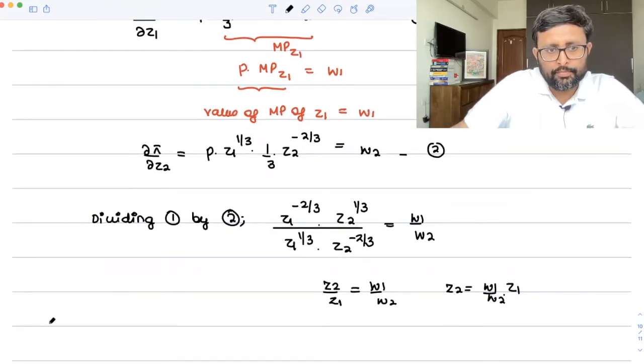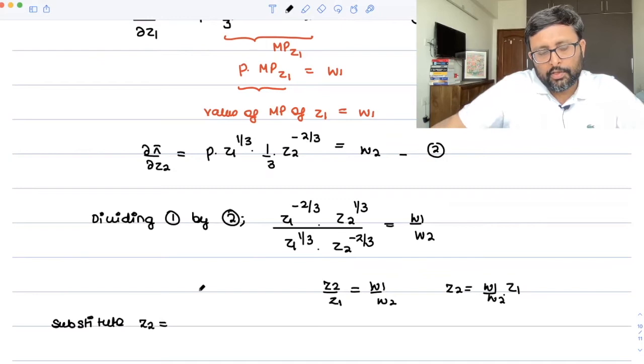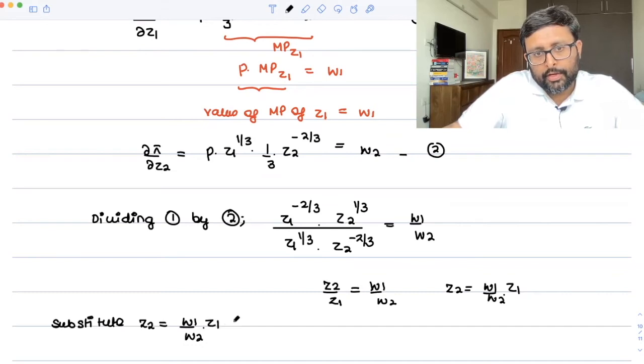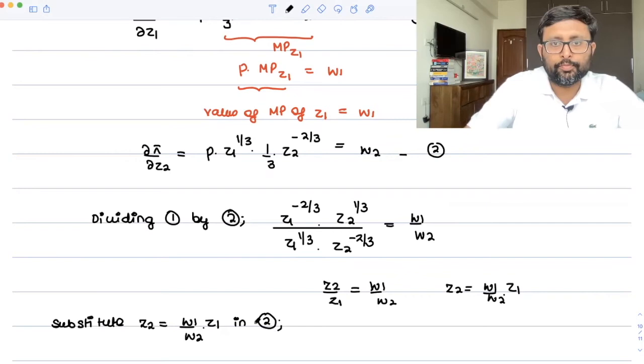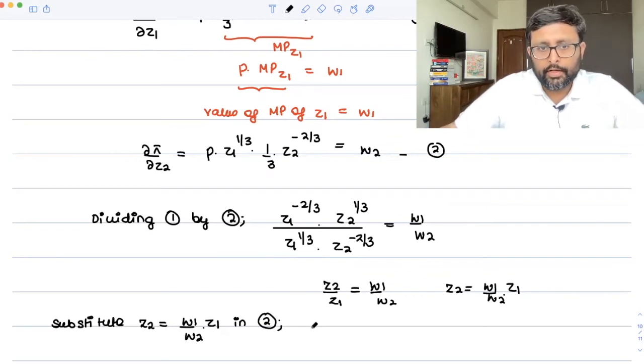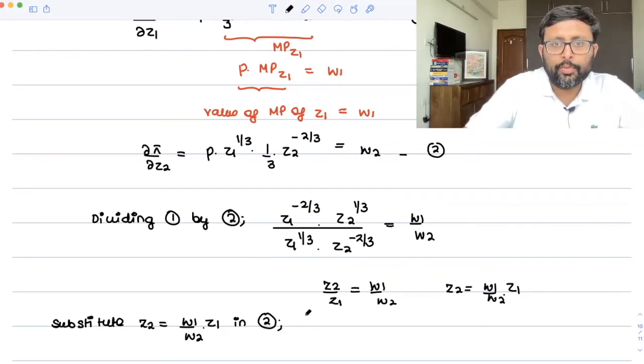So substitute Z2 equals W1 by W2 Z1 into, right? So what will you be getting?